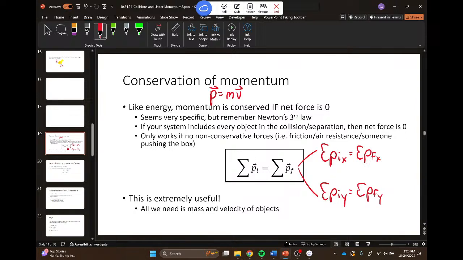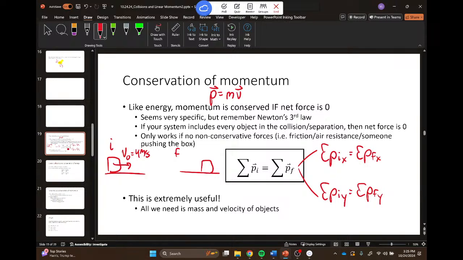And then the other thing is, I told you I'd give you an example why this doesn't work with friction. I got a box, and this box has some initial velocity. Let's just call it 4 meters per second. And let's say there is friction, and eventually the box stops moving. It's sliding, and then it eventually stops.